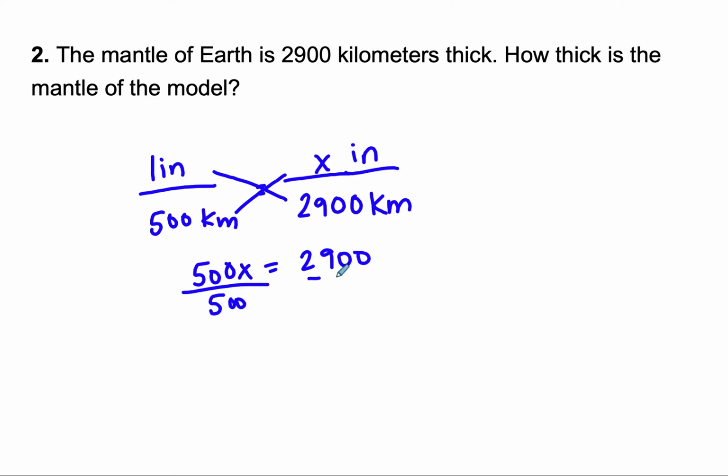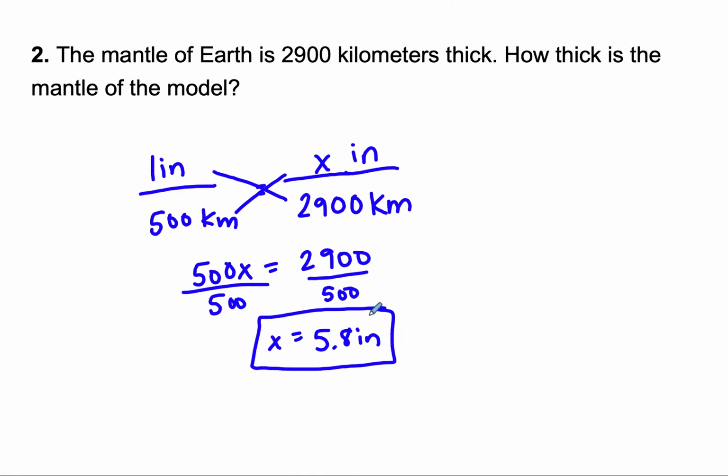And we're going to divide on both sides of our equation by 500. All right, and let's see, 2,900 divided by 500, 5.8. So 5 8/10 inches. Your work should look very, very close to mine.